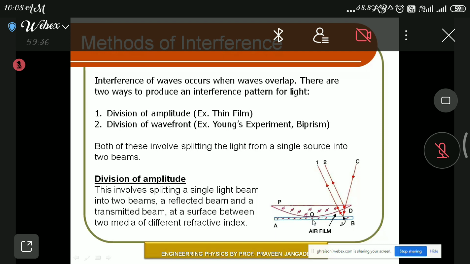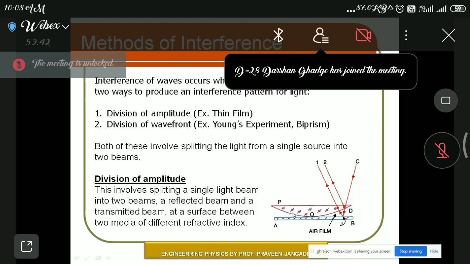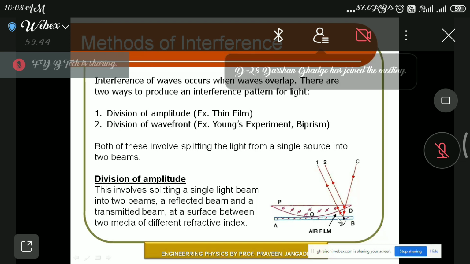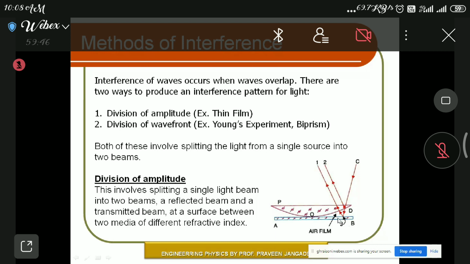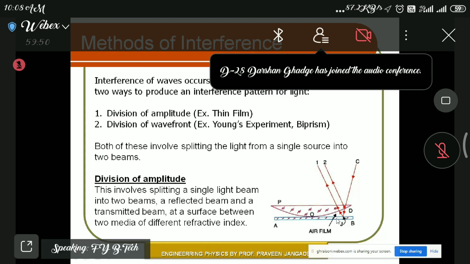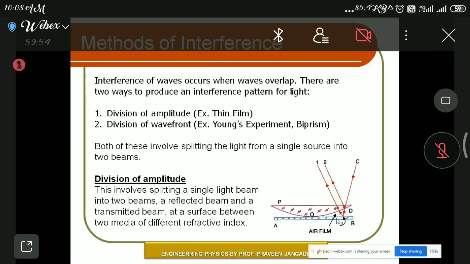That contact point is O, and on the sideways the gap is filled up by air, because nothing else is there. That gap satisfies the condition of thin film, so it becomes an air film.